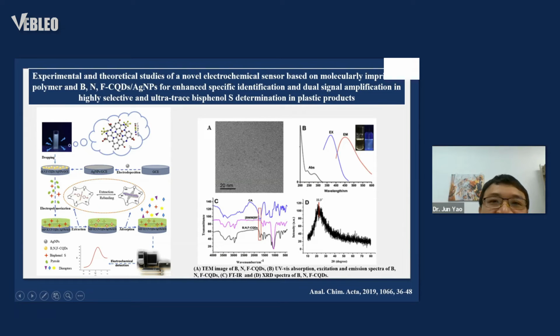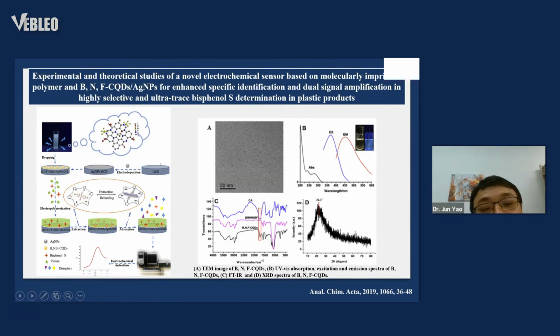This scheme is a step-by-step fabrication process of the sensor. We synthesize BNF CQDs through a hydrothermal method.